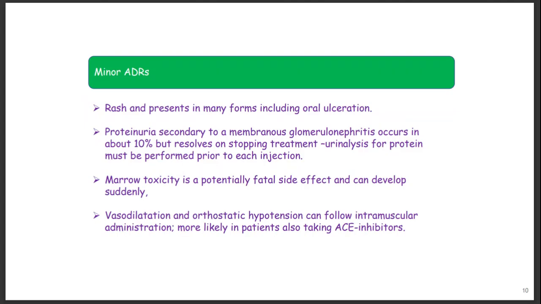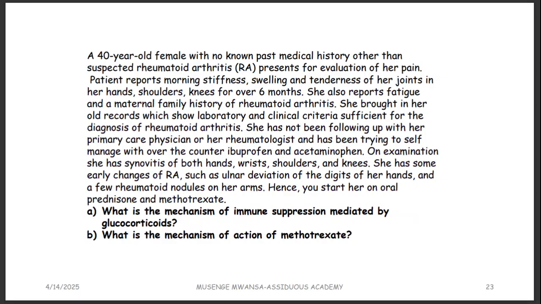Minor adverse effects include rash, which presents in many forms, including oral ulceration, and proteinuria, protein in urine, secondary to a membranous glomerulonephritis. There is also bone marrow toxicity, which is potentially fatal and can develop suddenly. There's also vasodilatation, and orthostatic hypotension, where when you stand your blood pressure drops, can follow this drug, especially in those patients that are also taking ACE inhibitors.